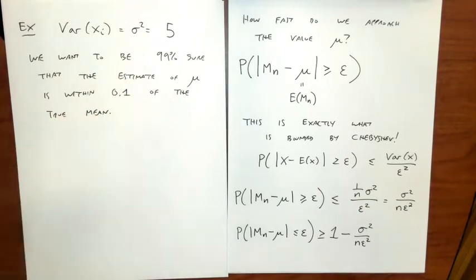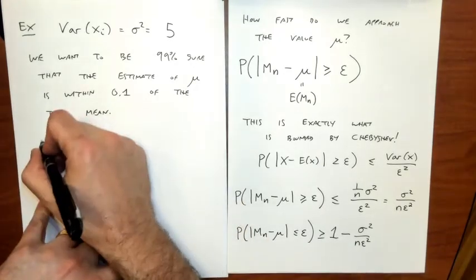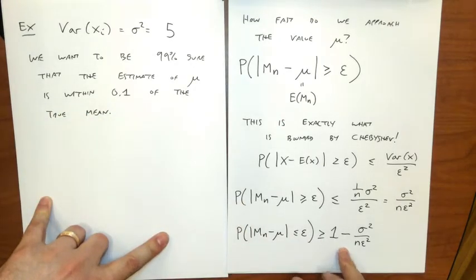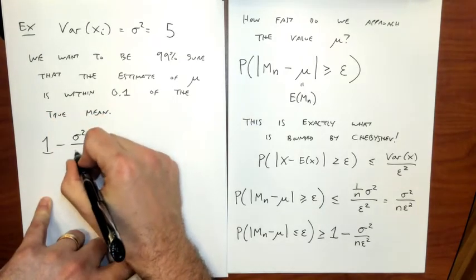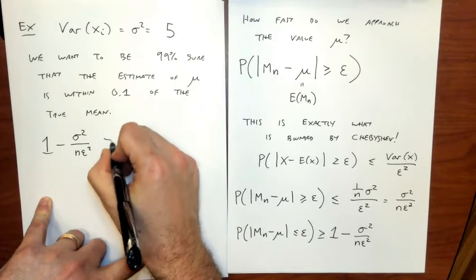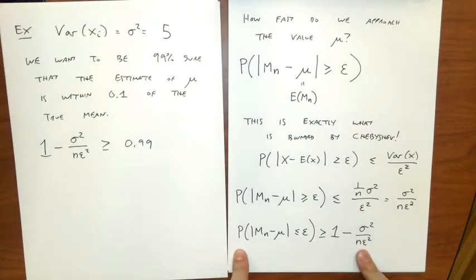So God came down and told me what the variance was, but I don't know what the mean is. All I'm going to do is look at the average of these values to see what the mean is. And so what I want is to be 99% sure. That's like saying this number over here has to be at least 99%. I want this probability to be at least 99 over 100, right?